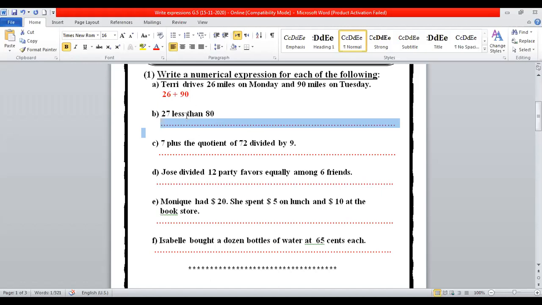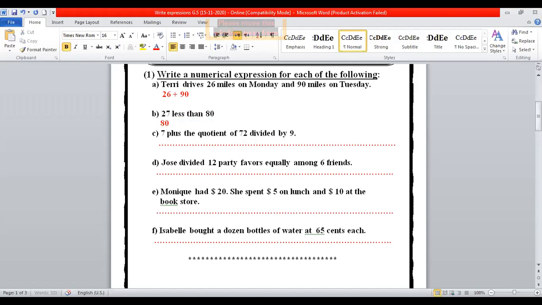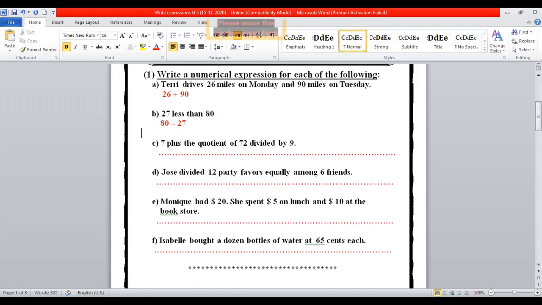Less than here means minus. Less than is from the words of subtraction. We write only the expression. We start with the number after less than. It will be 80 minus 27 only. We write the expression only without result.